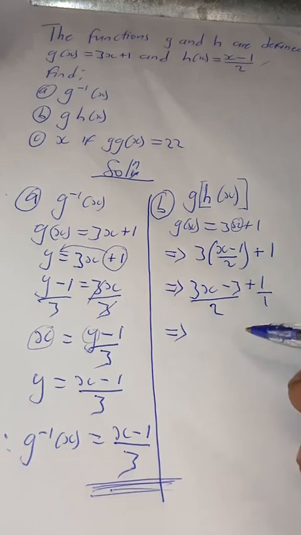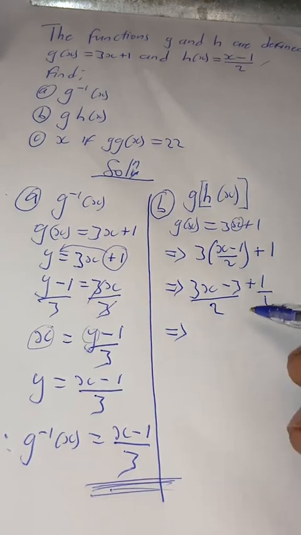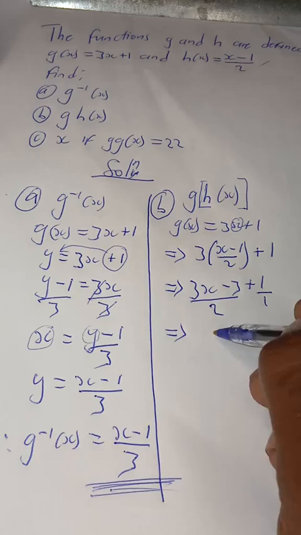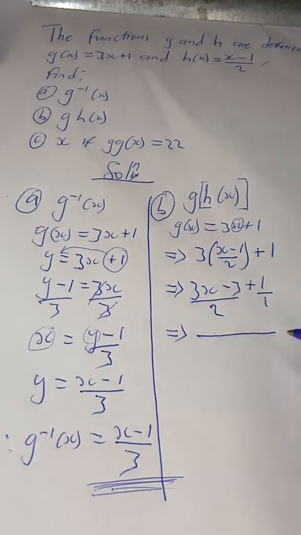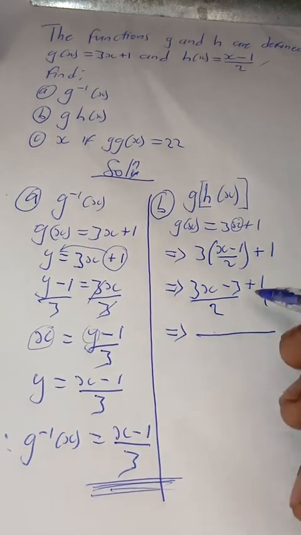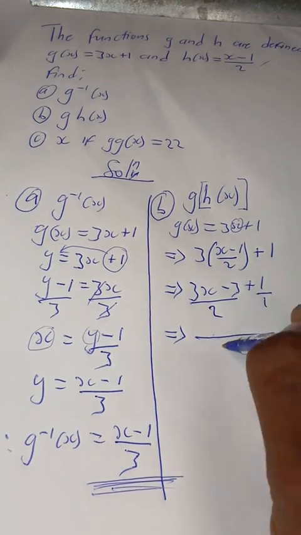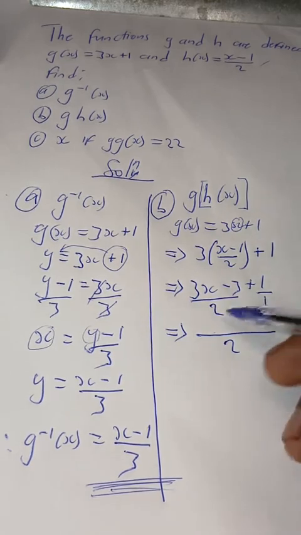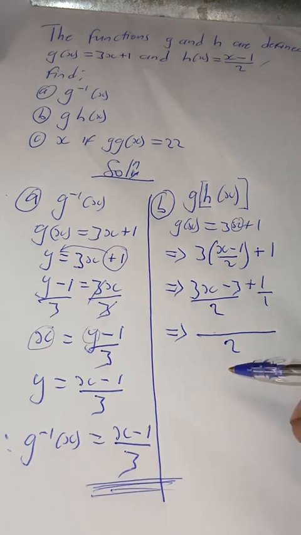How do we add fractions? If we are adding fractions, we find the lowest common multiple, the lowest common denominator, which is 2. How do you find that one? You look at both denominators, and then you say where both of these can go without giving us a remainder.